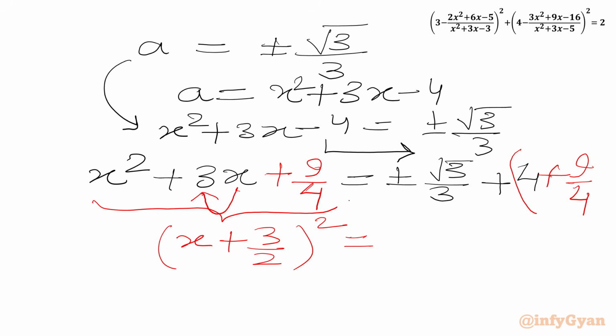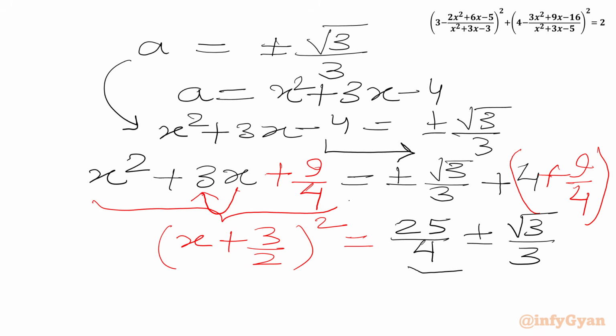Now we will simplify this bracket first. So 4 plus 9 over 4 will be 25 over 4. So we can write 25 over 4 plus minus root 3 over 3. Now we have to take a square root both sides, but before that we will take LCM of right hand side.